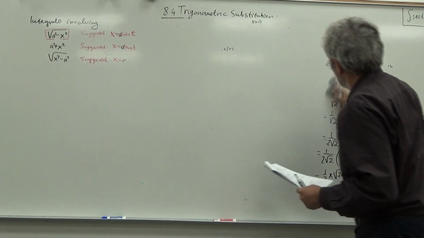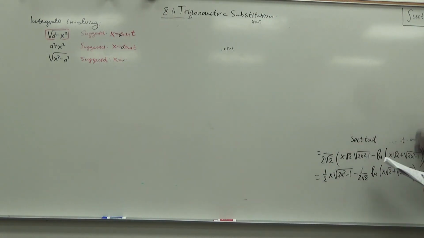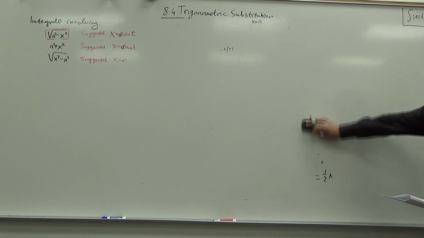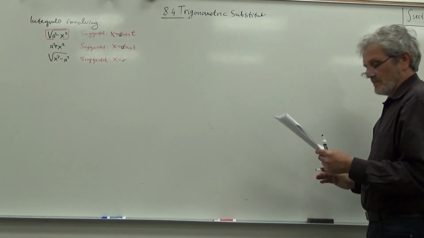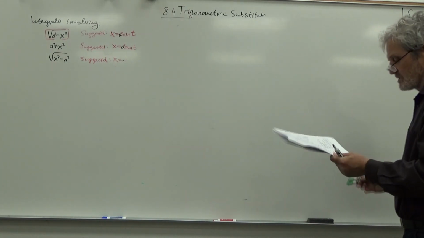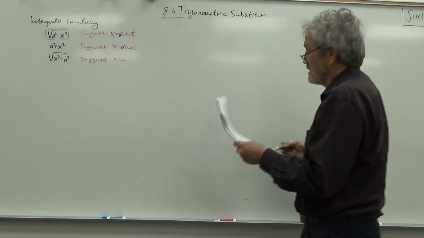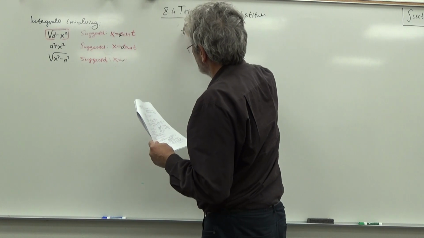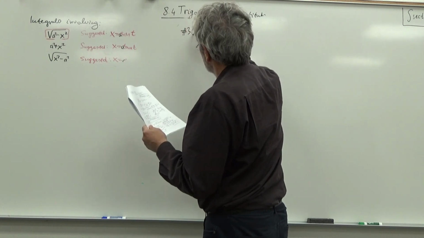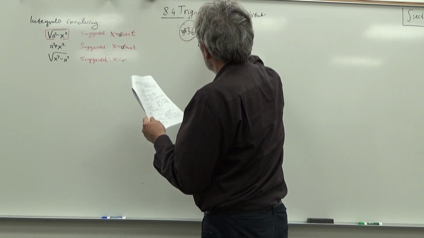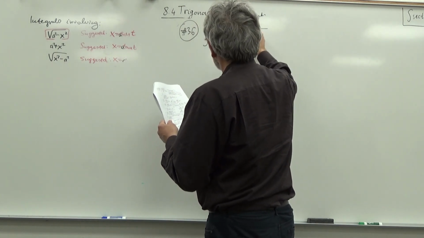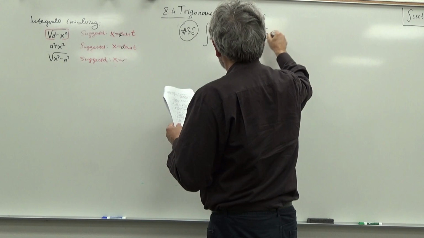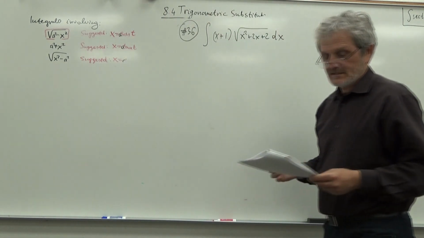The next problem involves a slightly different approach. Actually, you already saw that in Calc 1 when you need to complete the square. And in our introduction in 8.1. So it's integral x plus 1 square root of x squared plus 2x plus 2 dx.